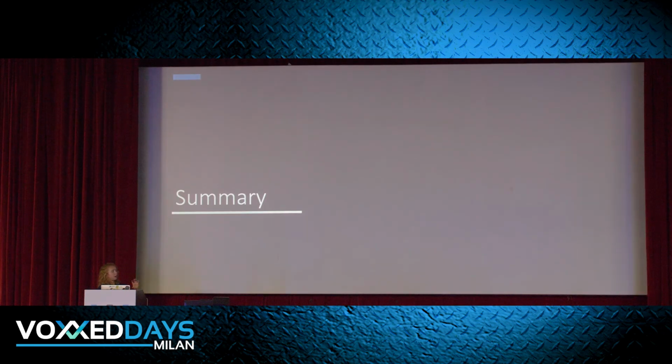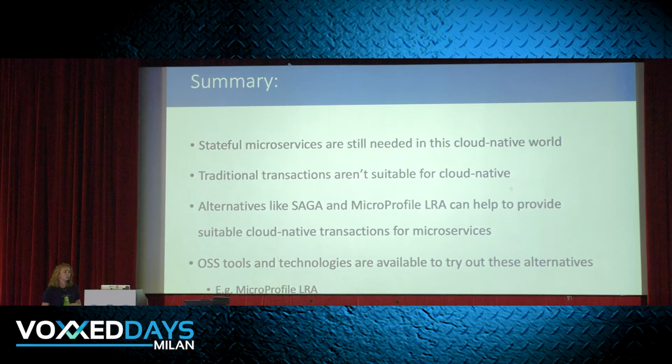With that in mind, hopefully I have shown you a little bit today of the difference between thinking about transactions in a cloud native world rather than just lifting and shifting the transactions you might have, and the fact that we do still need them in some applications. So stateful microservices are still needed.